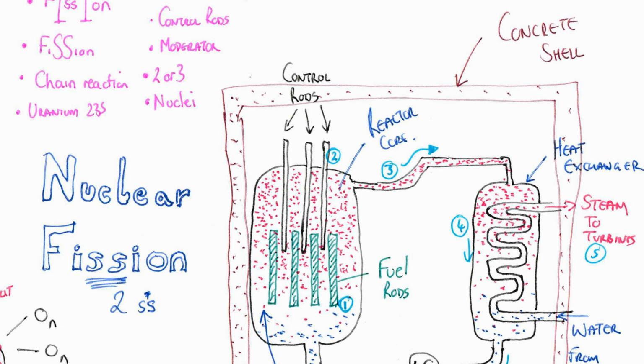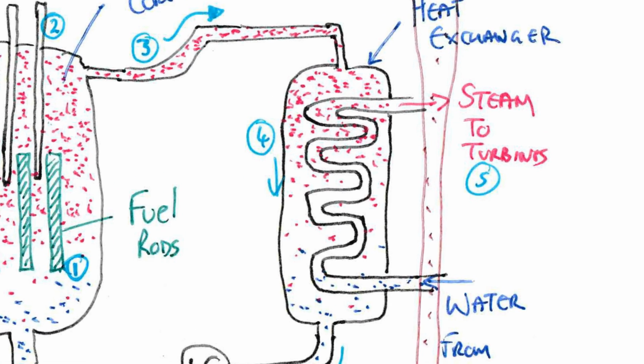But here you notice the control rods are taken out to a certain point, and the water in there is being boiled and turned into steam, and it goes along pipe number 3 and heads into the heat exchanger. Now the water going around the reactor is kept separate from another system that goes to the turbines.